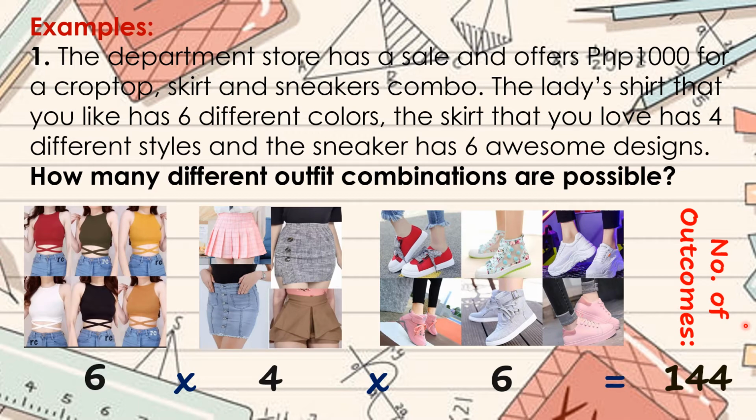So there are 144 combinations of this outfit. Ang hirap nun mamili, ano? Isang pares lang, isang combo lang yung bibilhin mo. Pero yung pagpipilian mo ay 144. Ayun, good luck for you.